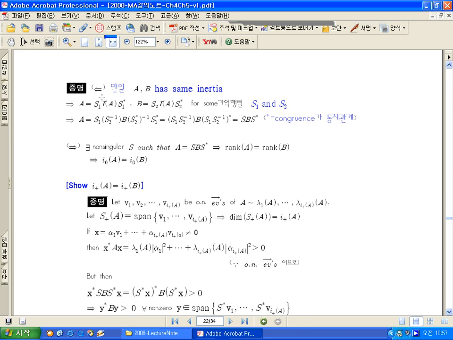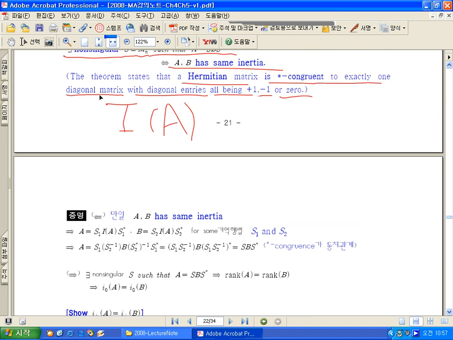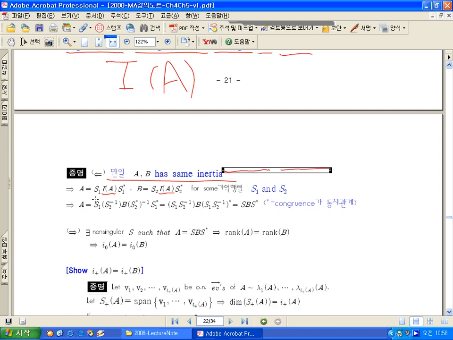Okay. Suppose A and B have the same inertia. Then A can be written in this way and B can be written in this way for some invertible matrices S1 and S2. Okay? Yeah. They have the same inertia matrix because they have the same inertia. Then we just write it.